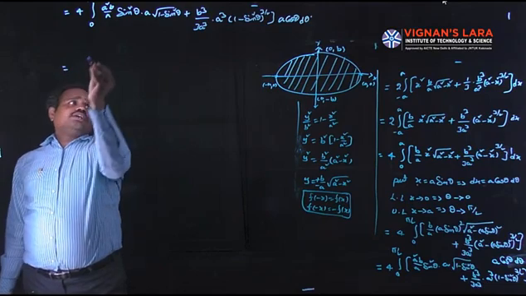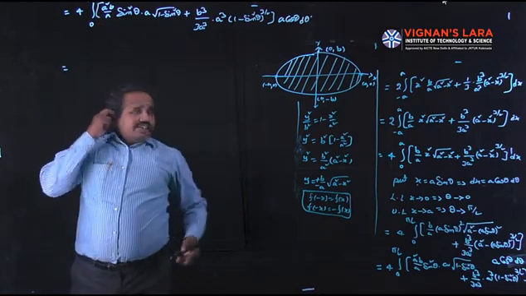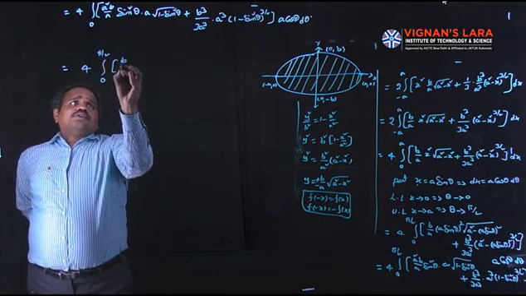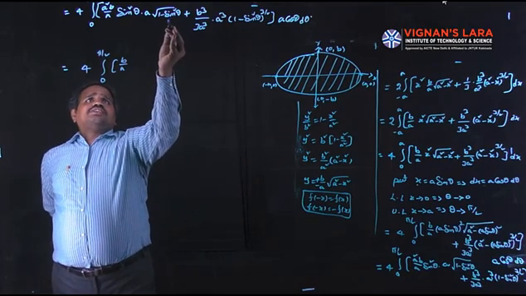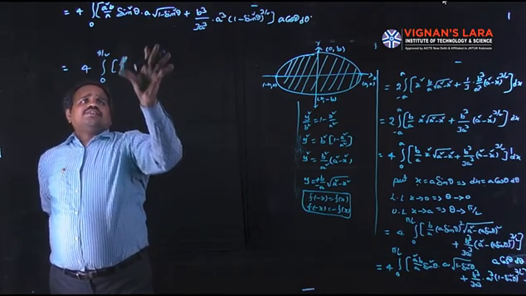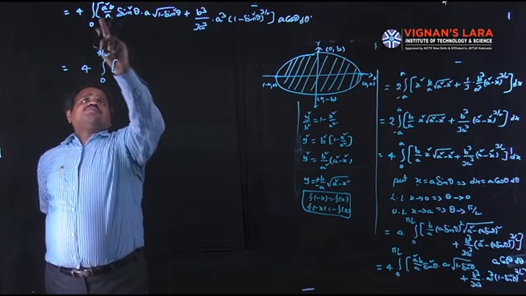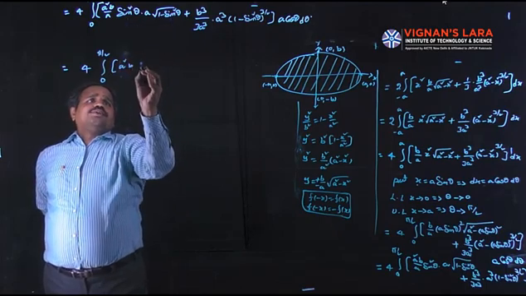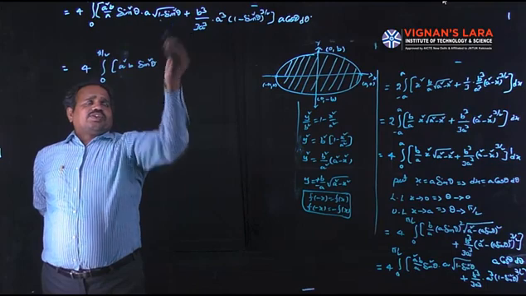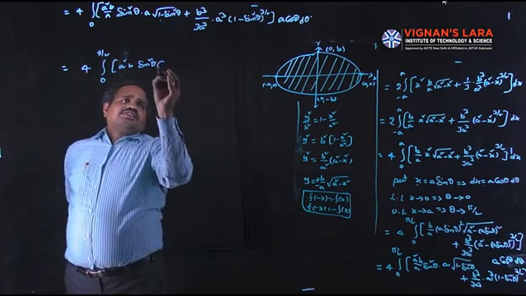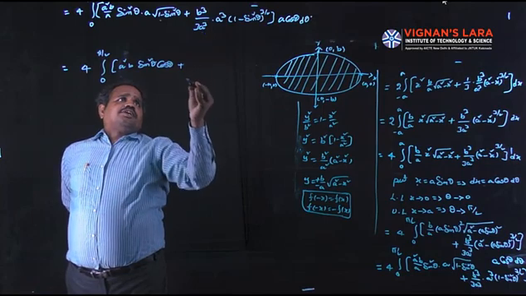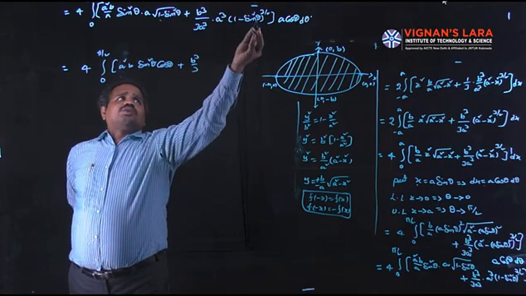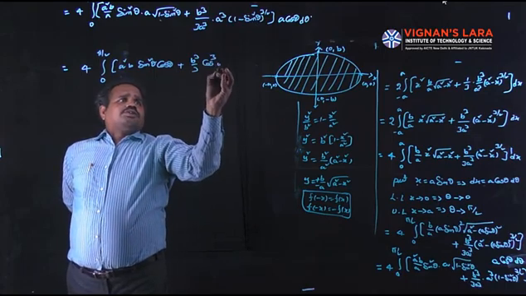Here a getting cancelled, so remaining is a square b sin square theta into 1 minus sin square theta, which is cos square theta, whose square root is cos theta, plus a cube getting cancelled, b cube by 3, 1 minus sin square is cos square, so this becomes cos cube theta.